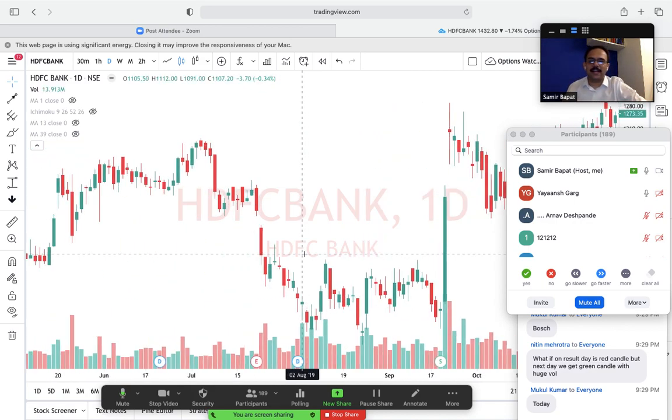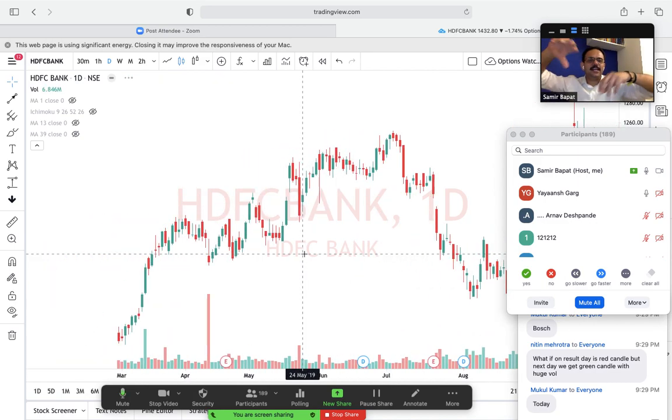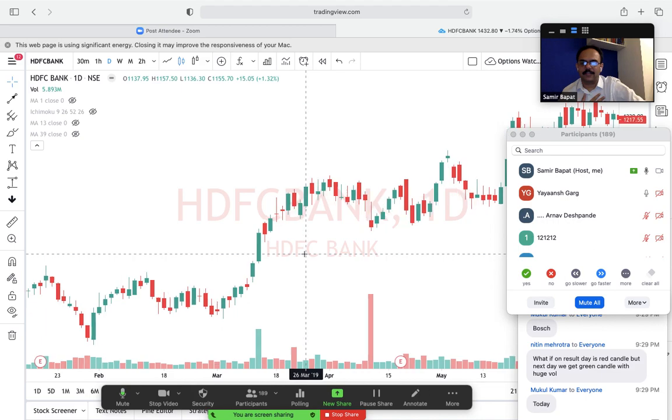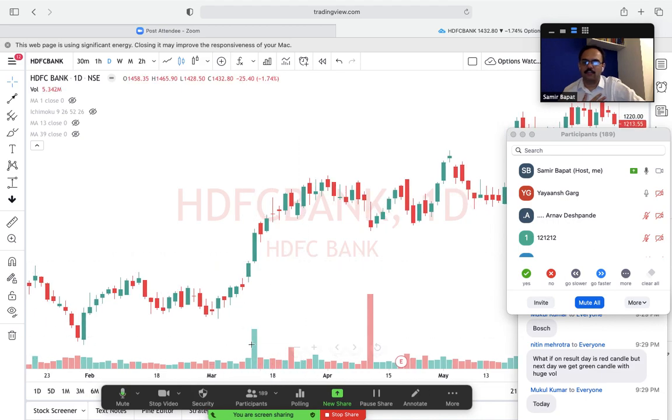So I try to find which can be conveniently hunted. If you see here, it is in no man's land. It's almost double the average. But then you will have to keep on hunting for stocks which are doing like that. So you can use this strategy also, not bad. Anywhere like you said, on an average this is double of the preceding month, and there is a green candle. You can buy it.